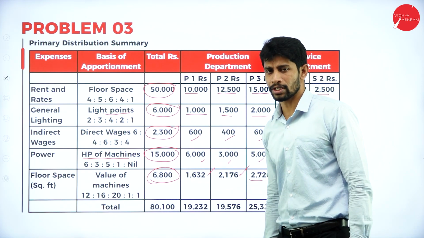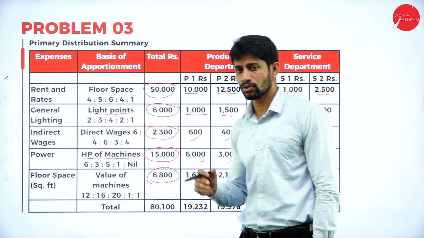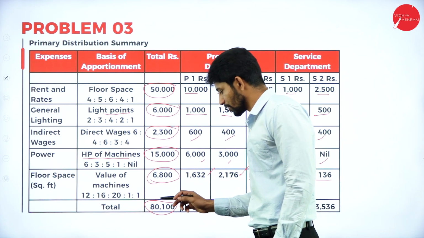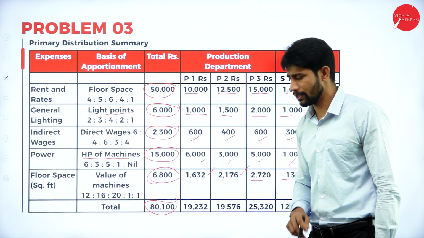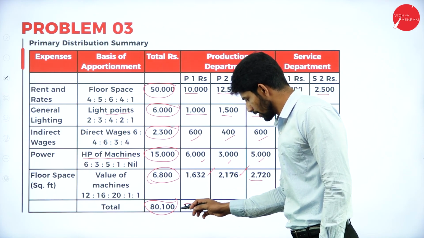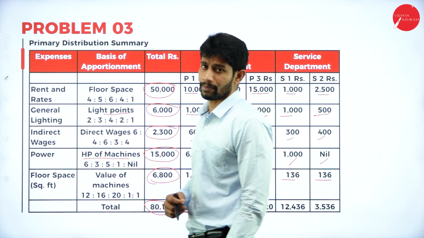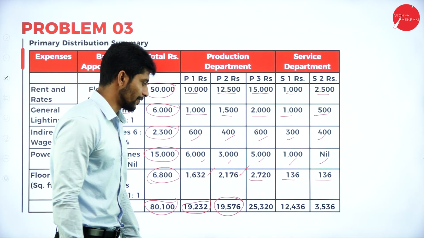After distributing all the expenses by using the ratios, what are you supposed to do? You are supposed to total the expenses. What is the total expenses you have here? It is 80,100. With respect to production department 1, the total expenses is 19,232. With respect to production department 2, it is 19,576.